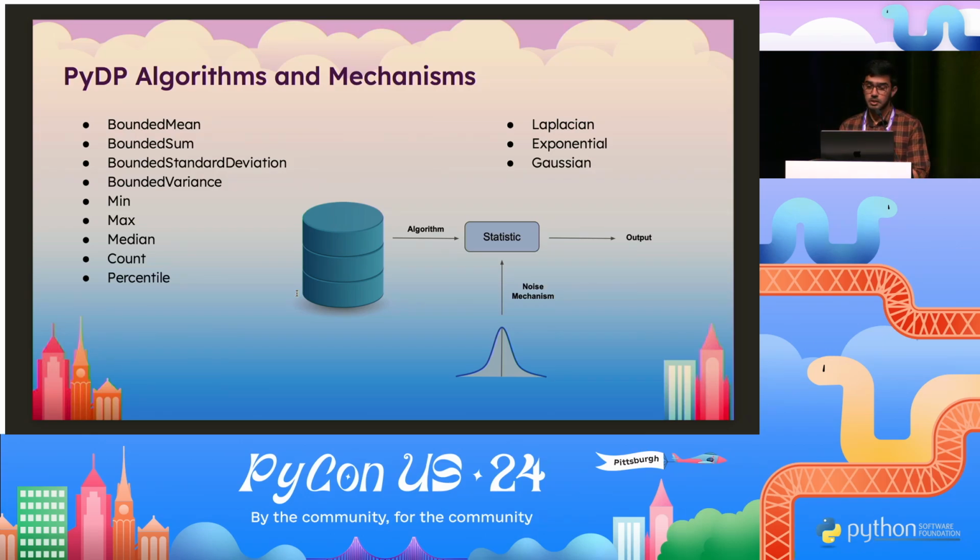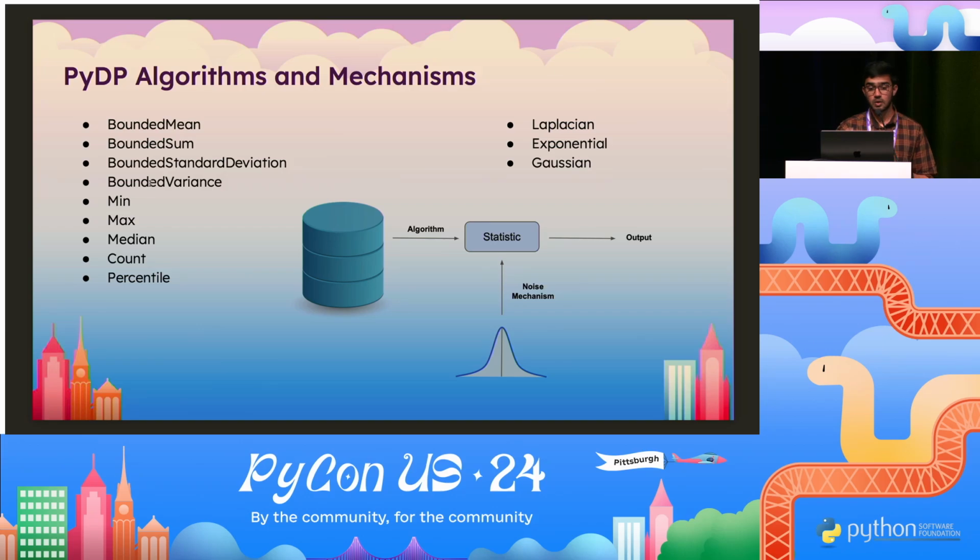So you typically use arithmetic operations like mean, sum, standard deviation, variance, finding the minimum, maximum, and other statistical measures like count and percentile. So all of these could be meshed together to build a bigger algorithm.